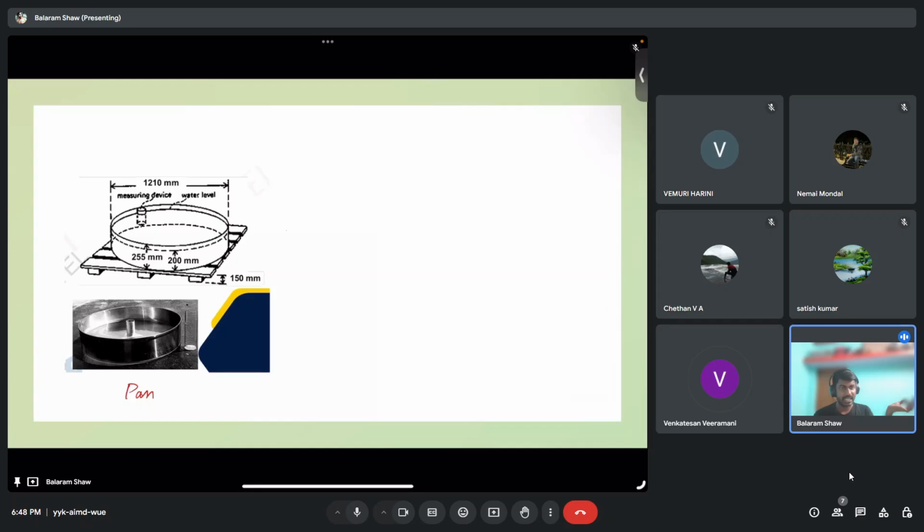So then comes this. What is this? This is the ISI standard pan, which is mostly used in India. This is also a modified version of the class A pan evaporimeter only. One simple change you can see in both the figures is that the top of the pan is covered.